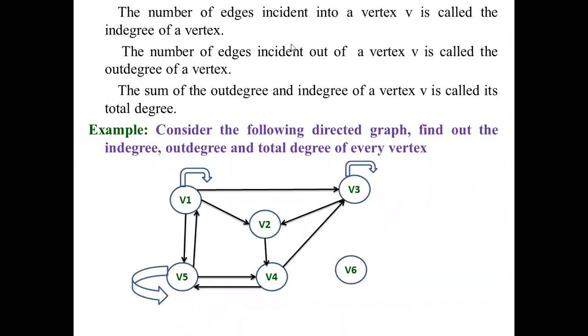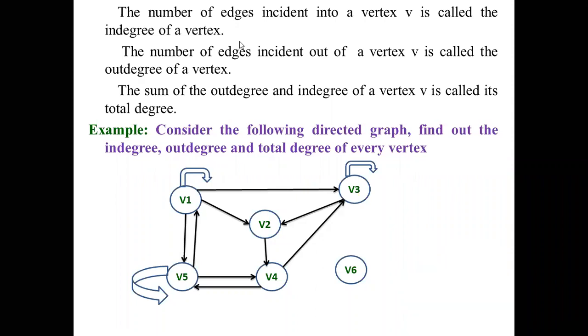So what is in degree? The number of edges incident into a vertex V is called the in degree of a vertex. That means the number of edges incident at V, or coming towards V, is called the in degree.